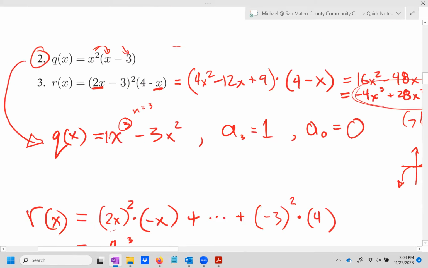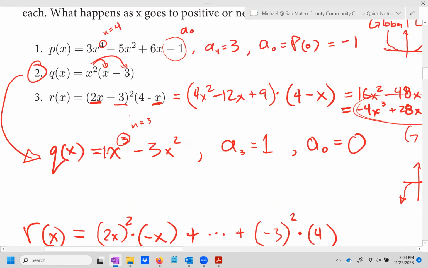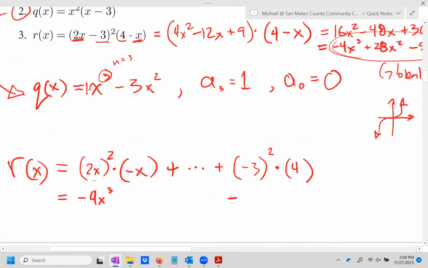How many constants are there? There's a constant that gets squared, negative 3 squared, and then there's 1 constant here. So negative 3 times negative 3 times 4 is going to give me my constant term, and that is 9 times 4, which is 36. And all the rest of it is stuff I didn't really care about.